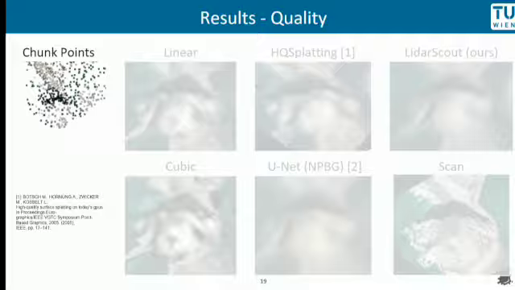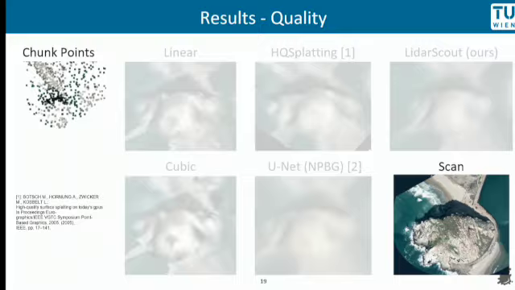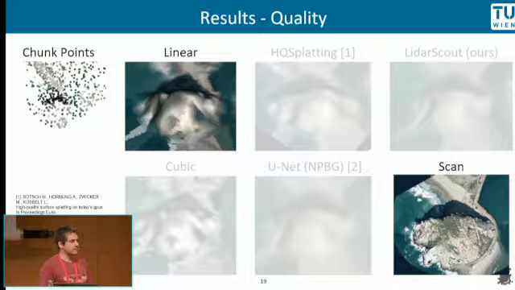Here are some quality examples. So given the chunk points, you can see here the scan for reference. Here's, if we would just take the linear interpolation as we take for the input of the network, it would look like this.